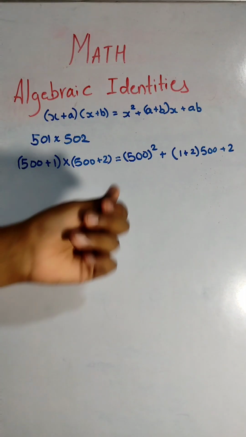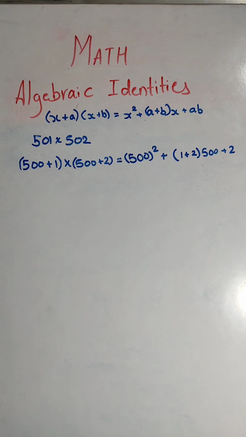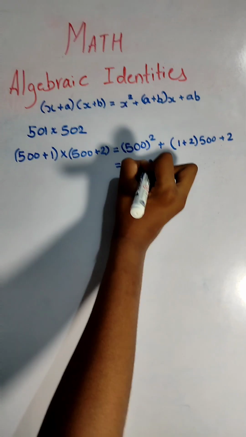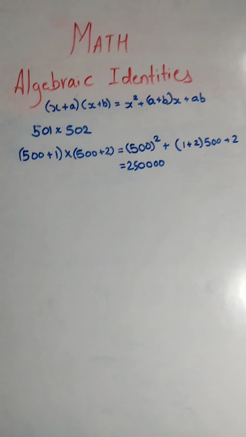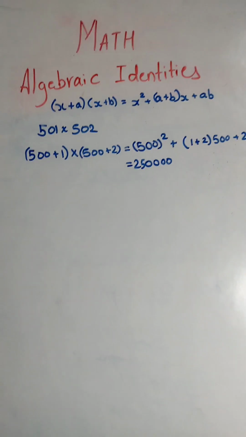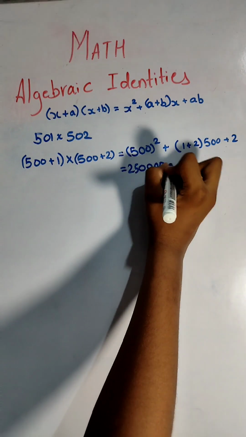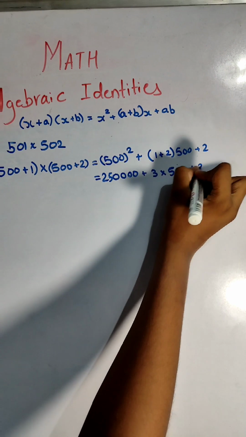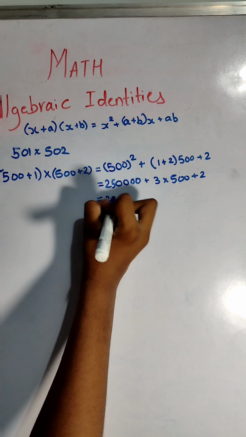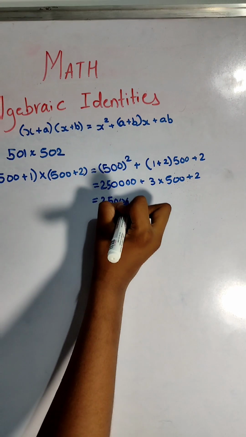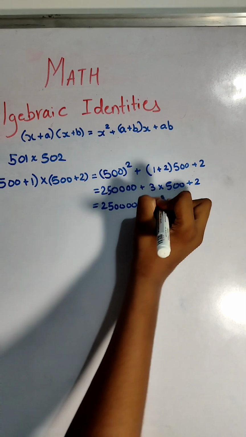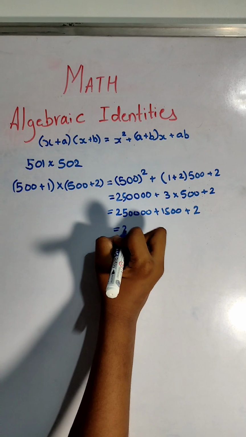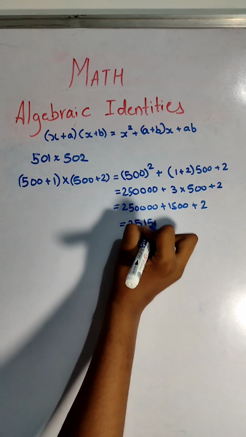Okay, so we can see that 500 square, we know it, it's very simple. It has 4 leading zeros and a 25 at the front. So it's 250,000. 250,000 plus 3 into 500 plus 2, this is equal to 1500 plus 2, which is equal to this.